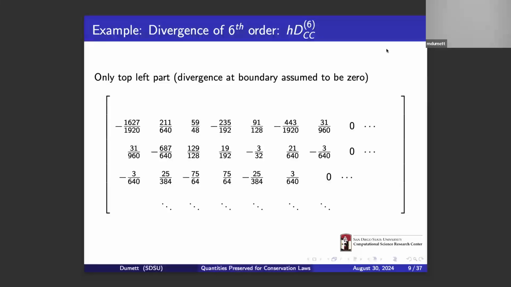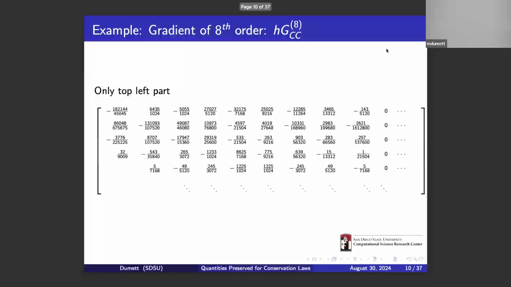For the next one it is this one, and here begins the interior points. They have 6 here, and they go all the way, and then at the end you have a replica of this in reverse order with the sign change. Similarly, the eighth order gradient looks something like that. So you get the idea.